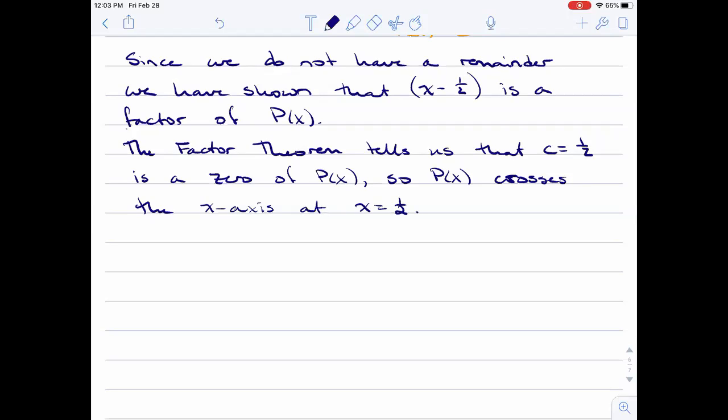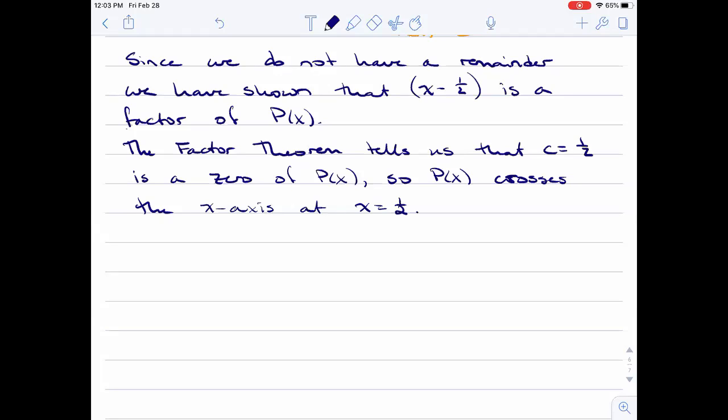That's what that blurb is saying, because it's saying that c is a 0 of p if and only if x minus c is a factor of p of x. So if you're able to pull out x minus c, then you can say with certainty that this thing crosses the x-axis at c. Probably more than just that point, right?